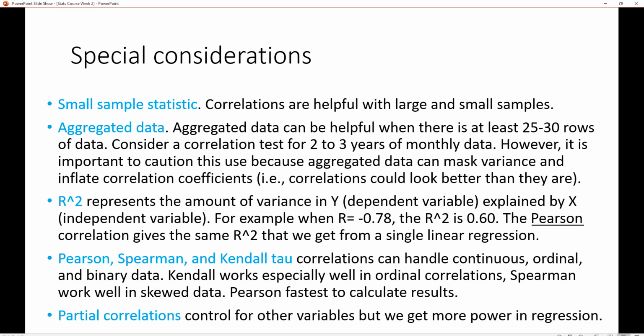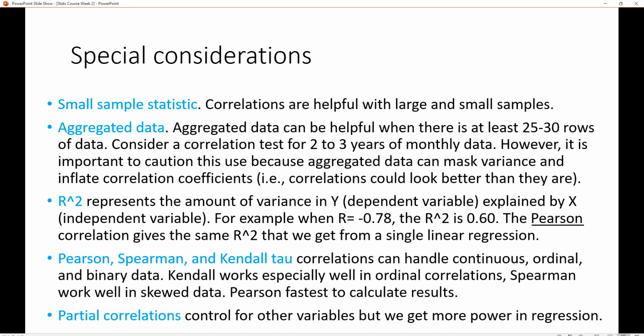Oftentimes with some line graphs, it goes up and down, up and down, and it becomes difficult to identify that trend. Doing a correlation test can help give you an idea if that trend's going up or down over time.